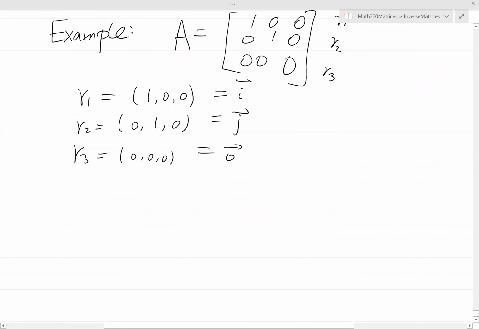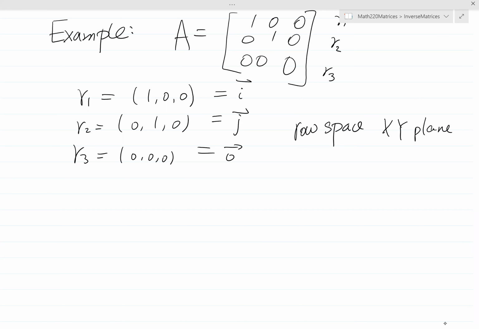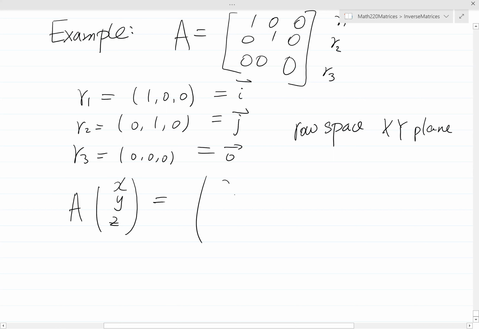So the row space is the vector space spanned by i and j, which is the XY plane. Okay. Now, what's the null space? You can check A times (x, y, z). What you get is (x, y, 0).